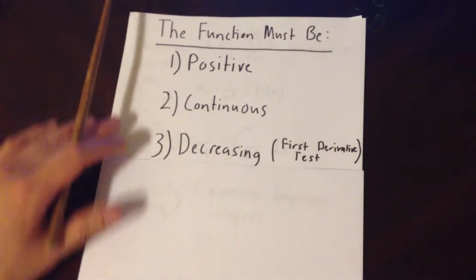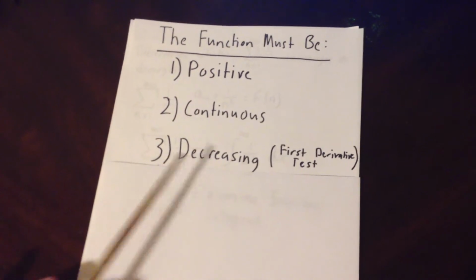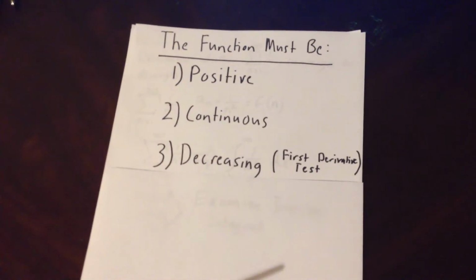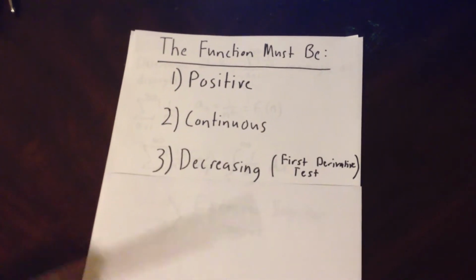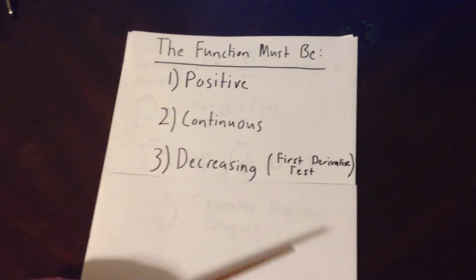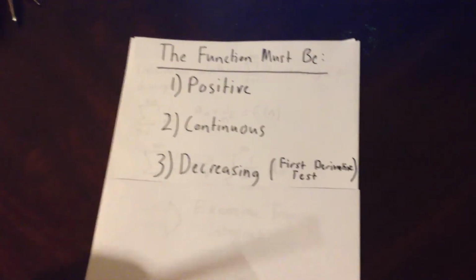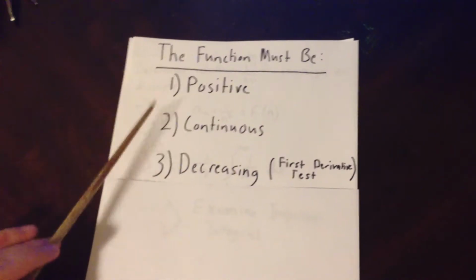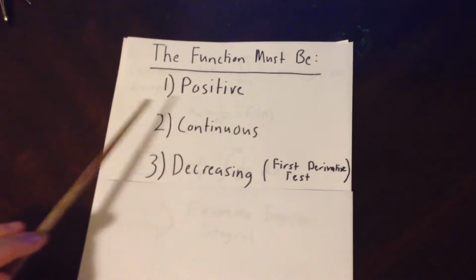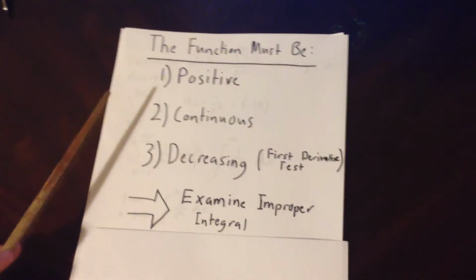Lastly, the function must be decreasing throughout the whole interval. Decreasing can be determined through graphing, by plugging in numbers, or by using the first derivative test, finding critical points and determining where it increases or decreases that way too. After the function in the improper integral satisfies these three requirements, you are then able to examine the improper integral.